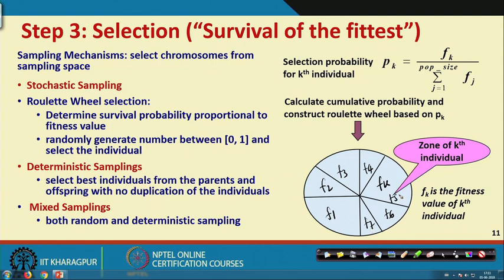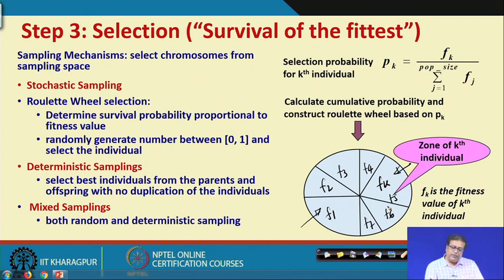The chance of f k getting selected can be given as f k divided by the sum over j equal to 1 to pop size of f j. So, the sum of all the fitnesses, and f k divided by that. That will be the probability of the kth portion getting selected. That is the roulette wheel selection.